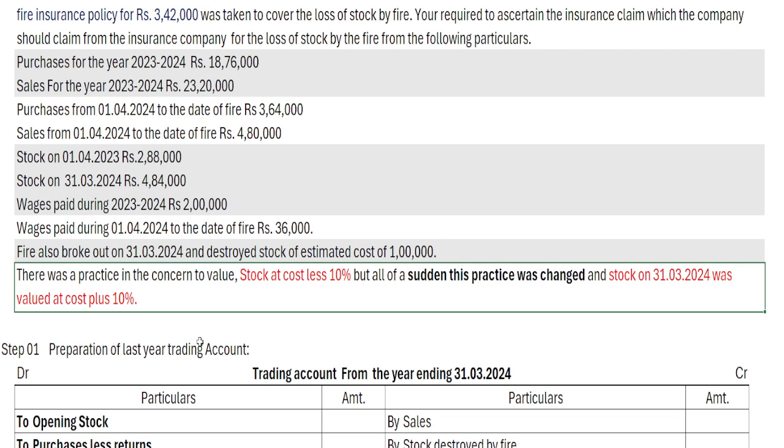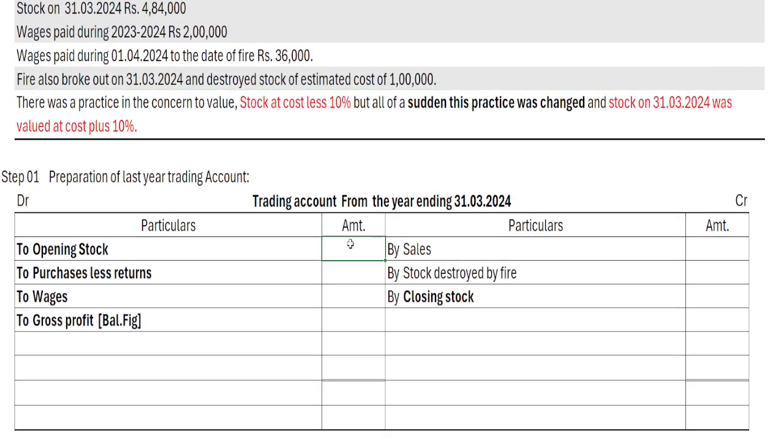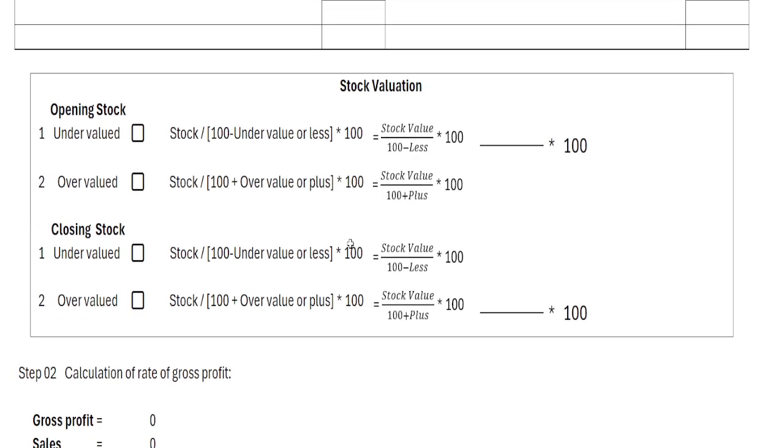Which means at the end of the year the policy was changed, but the opening balance is calculated on stock at cost minus 10%, which is undervalued. If stock is 100 rupees, it is calculated as 90 rupees, which means 100 minus 10.